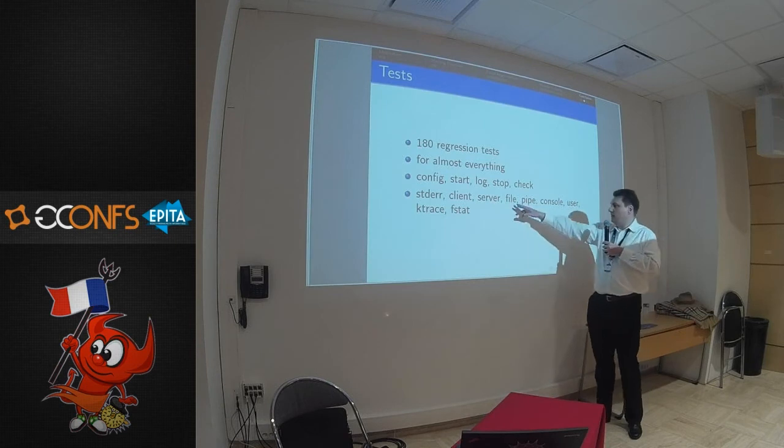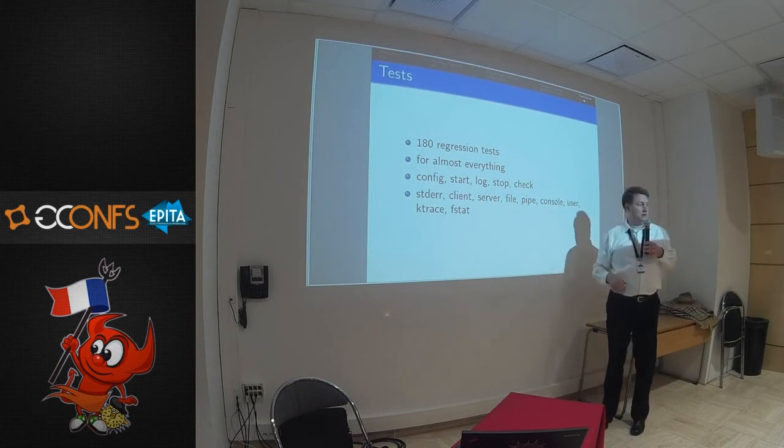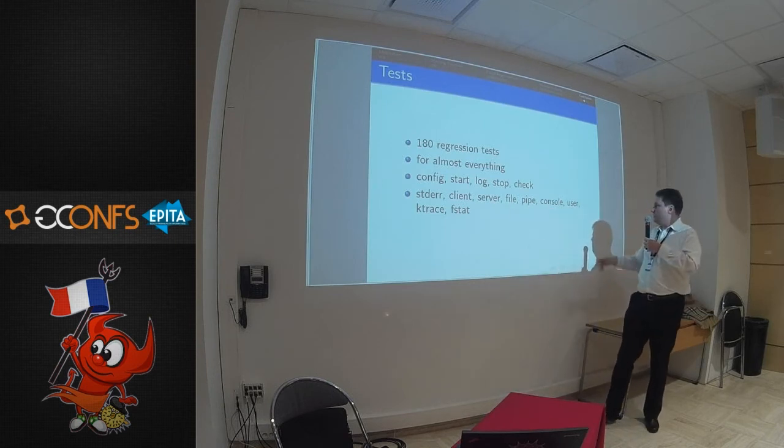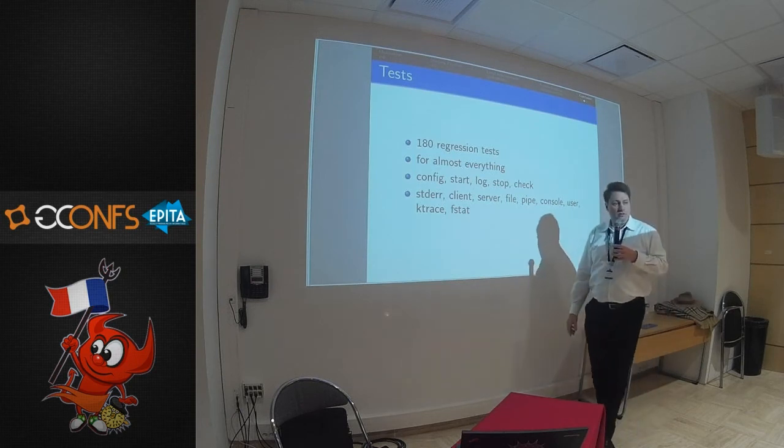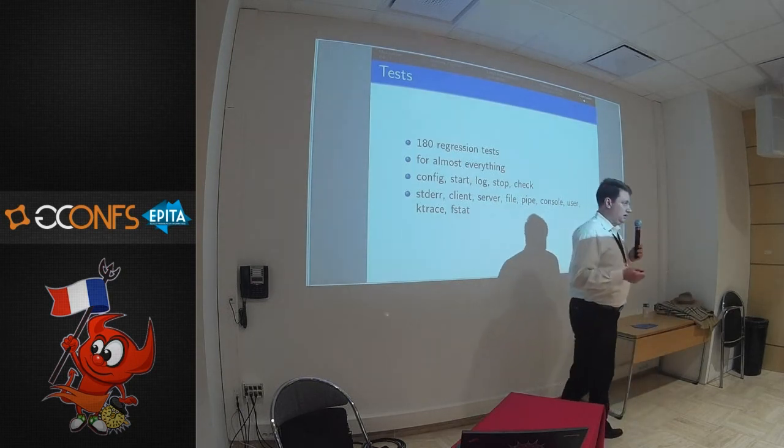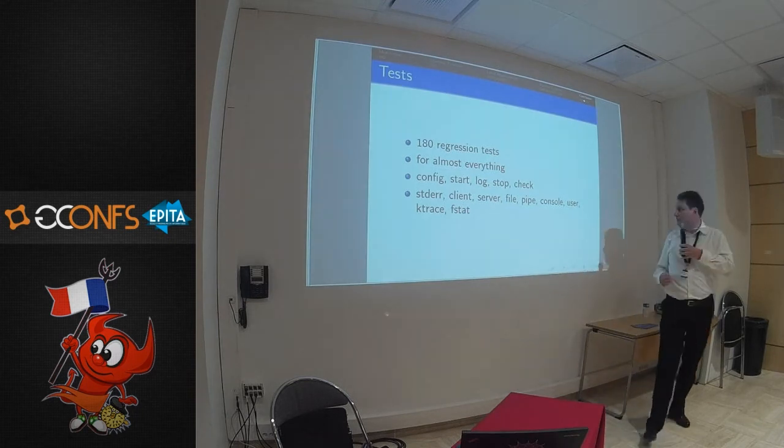We have a log file. We can look into that. I spawn some pipes there, and I look into that. I make some console redirection to see that everything goes to the console that is specified there.